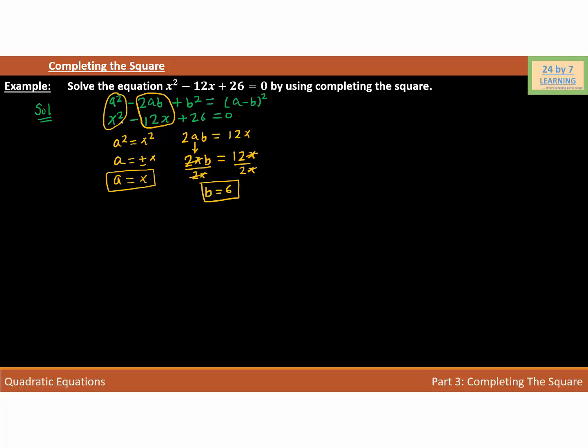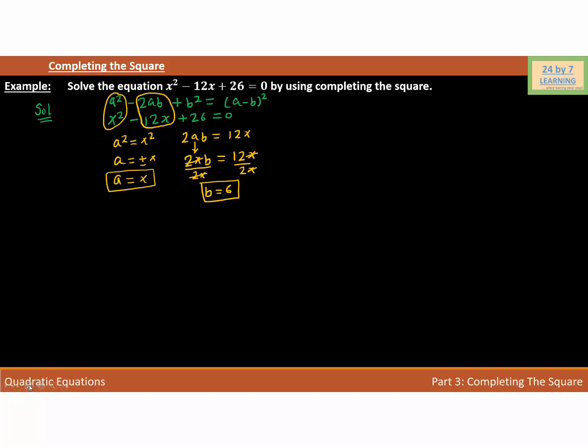If you look closely, I have my a squared, my 2ab, which is negative 12x. The only thing I'm missing is b squared. So somehow if I can get b squared into the actual quadratic equation, then I can definitely use this formula. So I'm going to add b squared, and if I add b squared, I need to subtract the b squared too, so that I can use this formula.